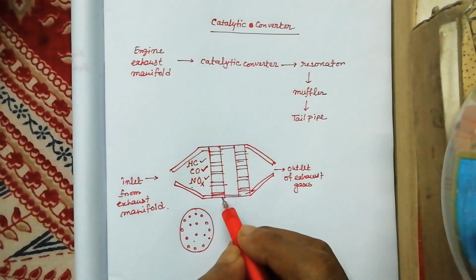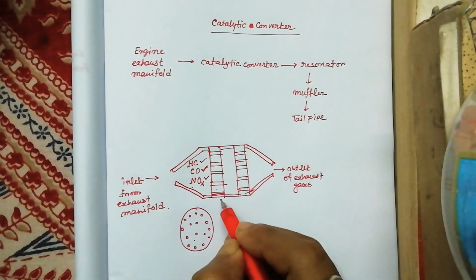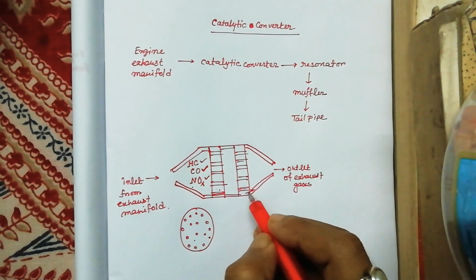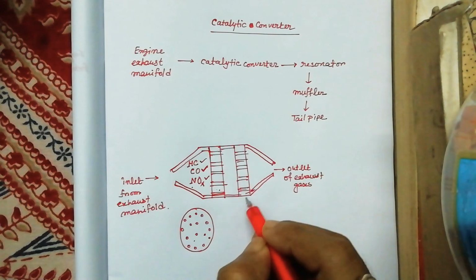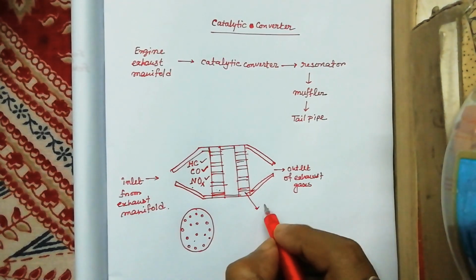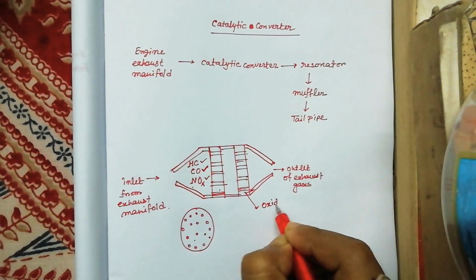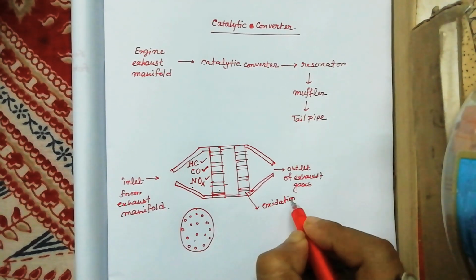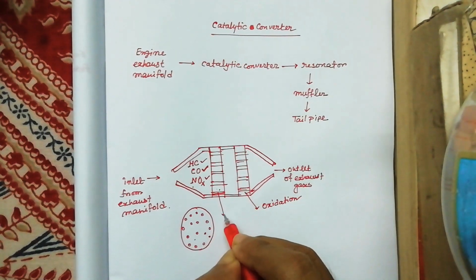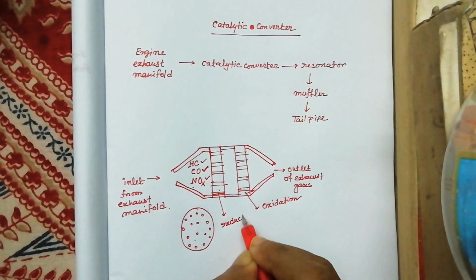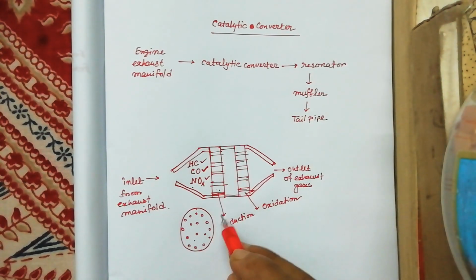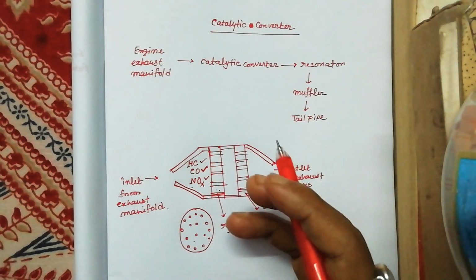These two sections I draw here: one is for the oxidation process and one is for the reduction process. Here the oxidation process is done, and here the reduction process is done. In the reduction process, oxygen is removed.